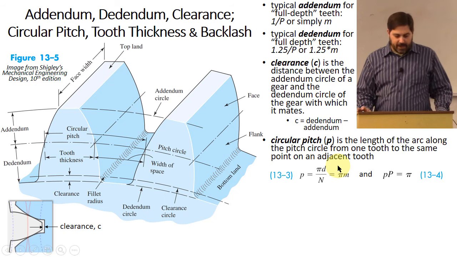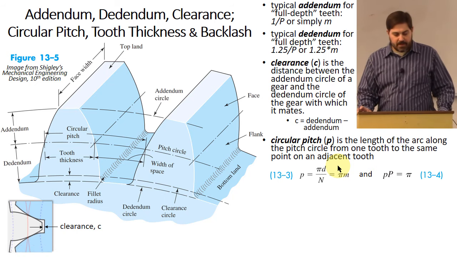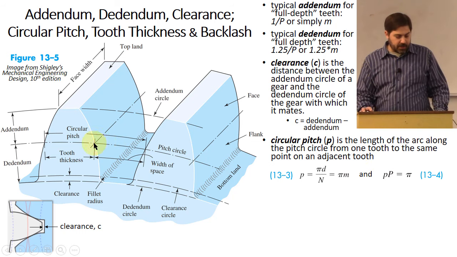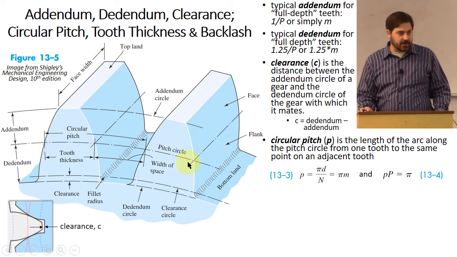Okay. There's another parameter that comes into these sometimes called a circular pitch. A circular pitch is the length of the arc along the pitch circle from one tooth to the same point on an adjacent tooth. So on this picture over here, if I identified this point on this gear right here, the distance from that point to the same point on the adjacent tooth over here along this arc, so it's essentially that arc length right there, that is the circular pitch of this gear.